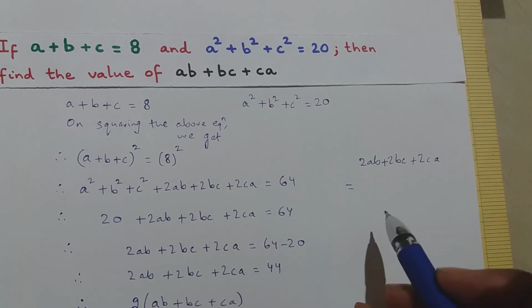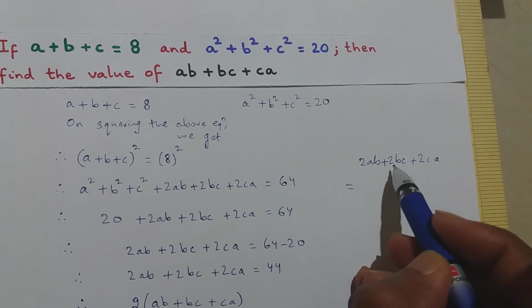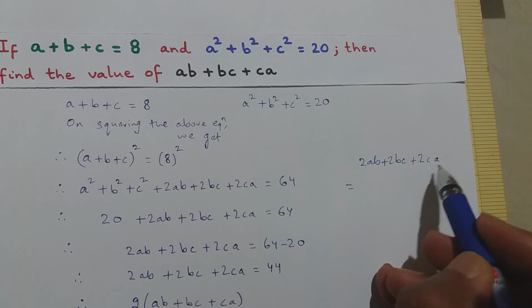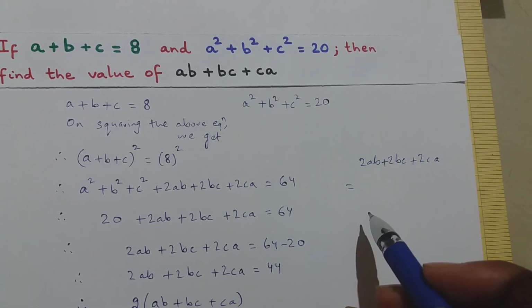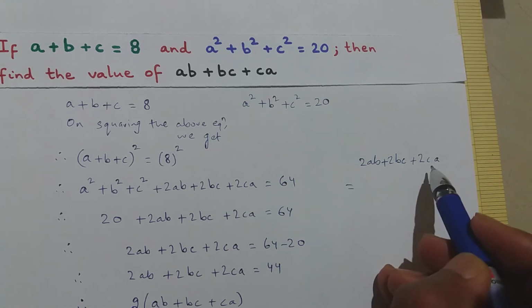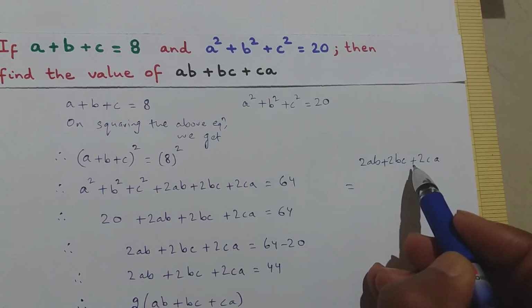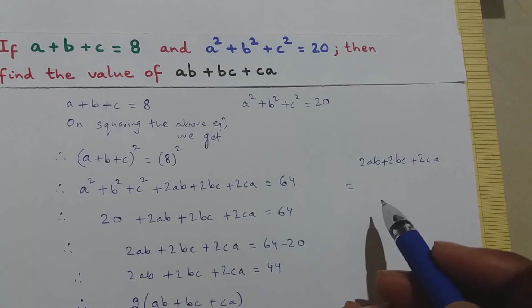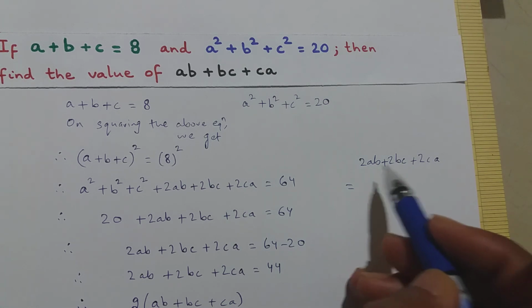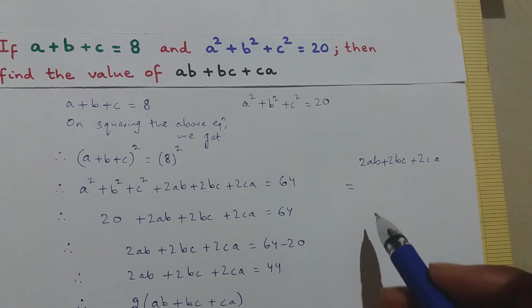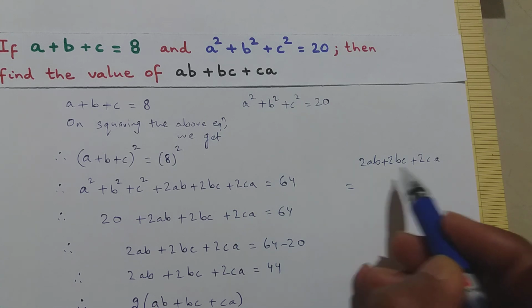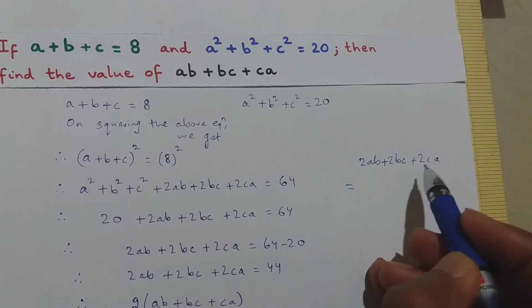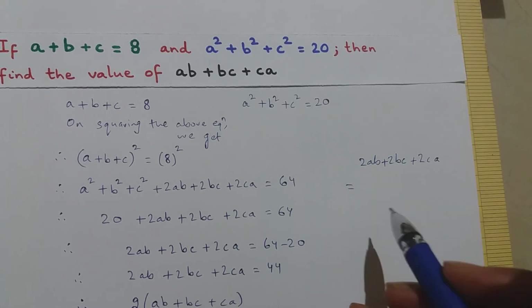There are three terms: 2ab is the first term, 2bc is the second term, and 2ca is the third term, separated by plus signs. What is the common factor present in all three terms? The common factor is 2.